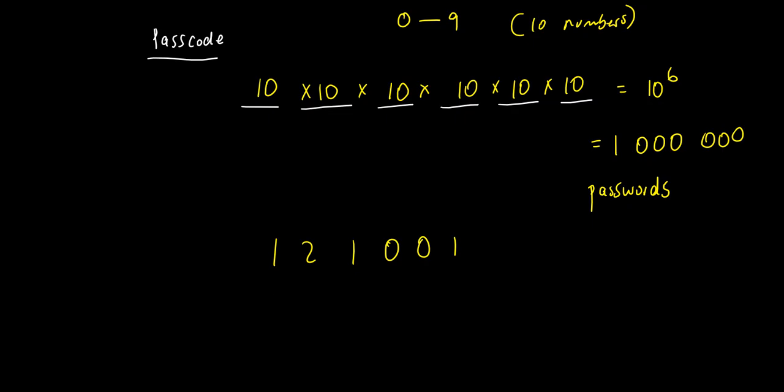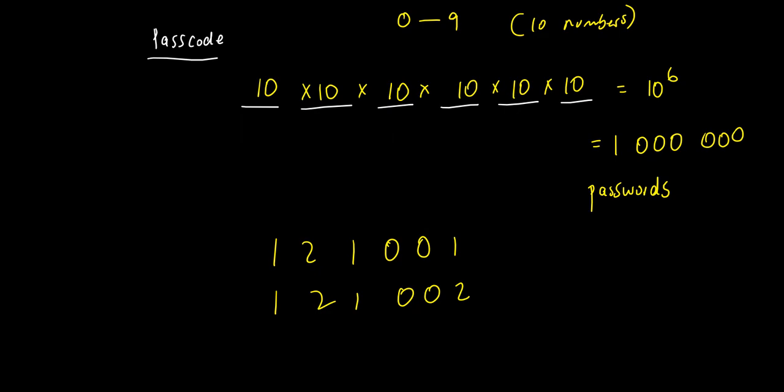You try again, 121002. That's another combination. Guys, you're going to be doing this until 1 million passcodes. I guarantee you that one of them is going to unlock that iPhone. I think the only problem is that the iPhone is not going to allow you to fail so many times. It just clears the data.